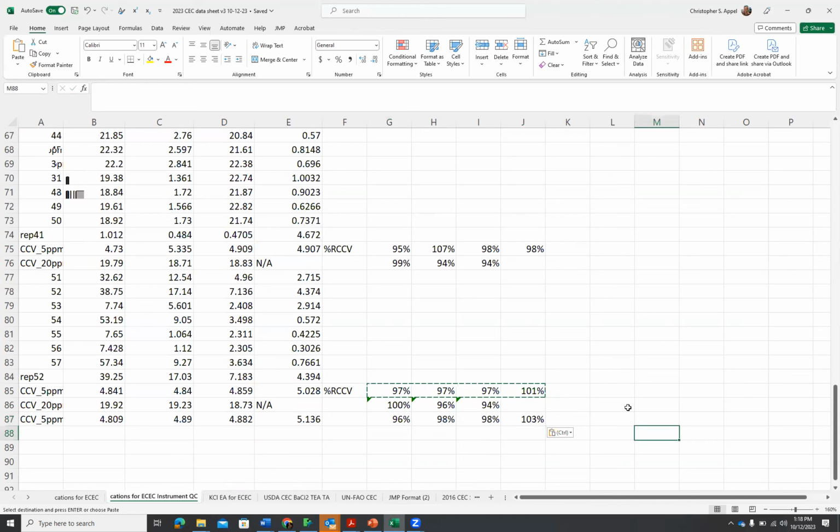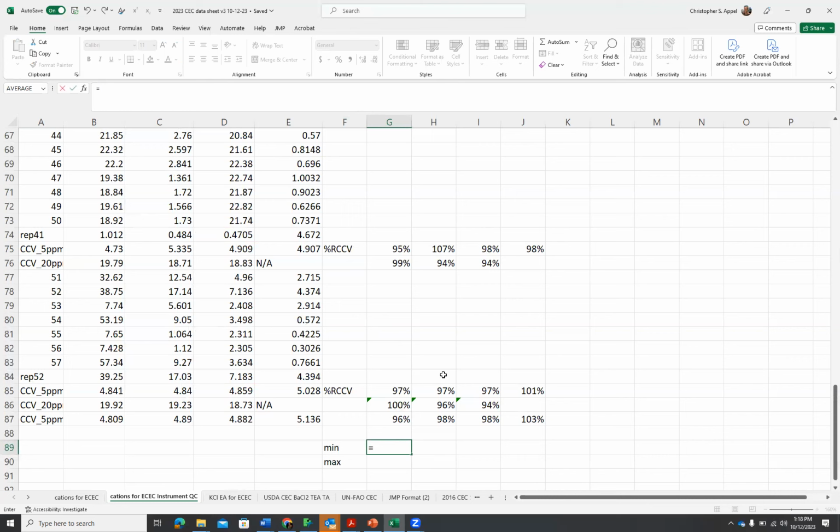And then after you've done that, what I'm going to do is have Excel calculate a min and a max for me, so I don't have to look at it and try and figure it out myself. That's just a min and a max formula that Excel can do for you. And when you do it, you'll need to hold down the control key and just click on every single one. If you hold the shift key, I had trouble with that last time I tried, so I don't know if that'll work or not.